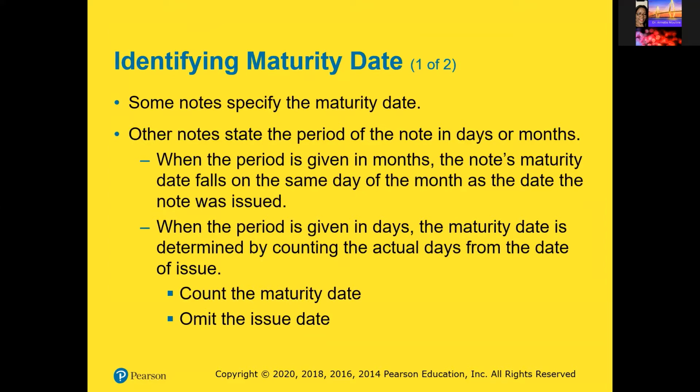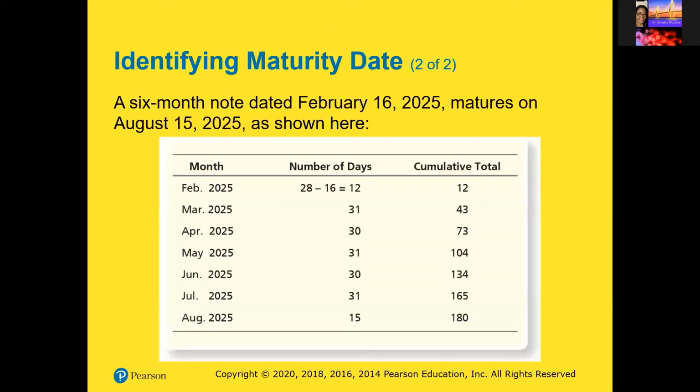When the period is given in days, the maturity date is determined by counting the actual days from the date of issue. Here you see a 6-month note dated February 16, 2025, matures on August 15, 2025, as you see here.